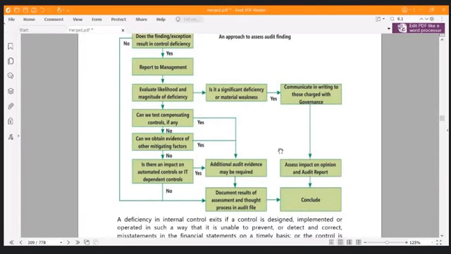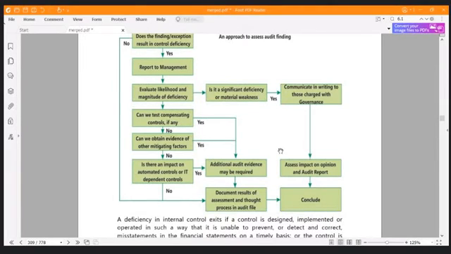But when it is not being followed, you need to see whether this is a significant deficiency. Significant deficiency is the term you use for test of controls. For test of details, you use materiality, material weakness. Deficiency is for controls, materiality is for test of details.